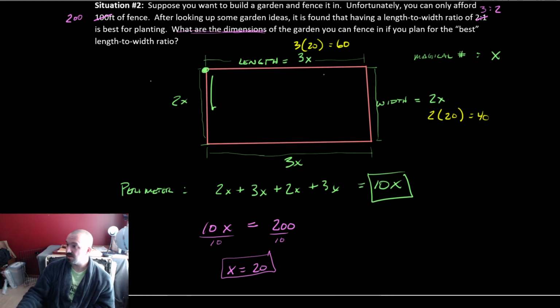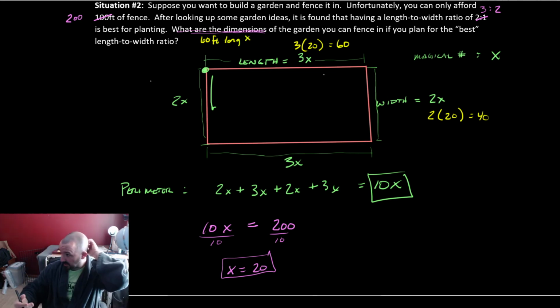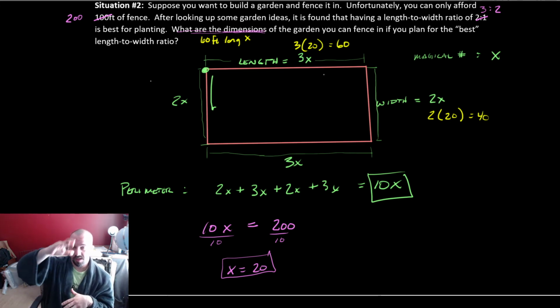The dimensions are 60 feet long by, and by the way, this times symbol typically is by, so a 2x4 lumber would be 2 and then this x. It's not our x, it's not the variable x. So 60 feet long by 40 feet wide.